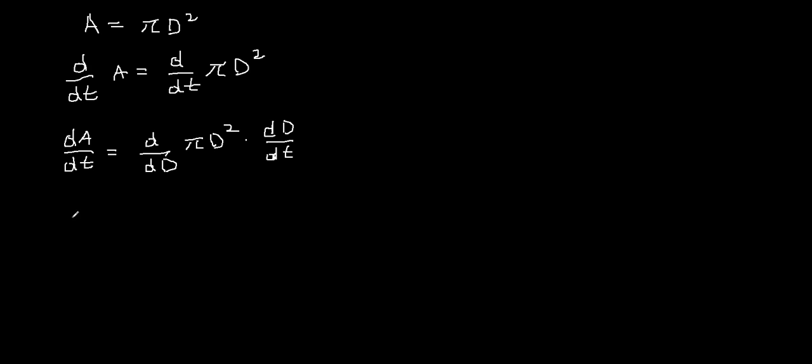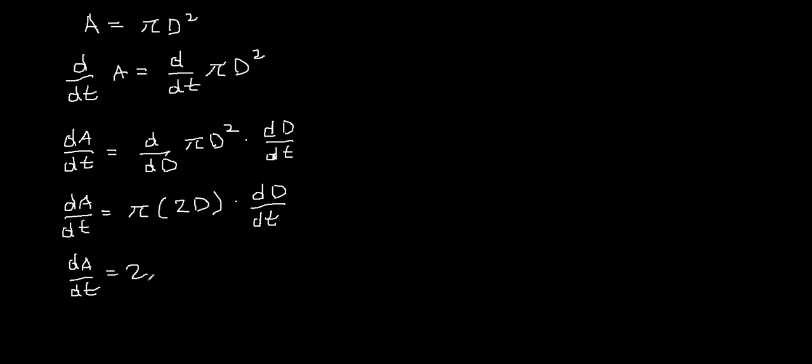Okay, so if we simplify that a bit and take the derivative, d over dd, of pi d squared, well, the pi is a constant, so you can take that out. The 2 comes down, right? So power rule, 2 d to the power of 1 times the change in diameter over dt. Let's just make that a bit nicer: equals 2 pi d times the derivative of the diameter with respect to time.